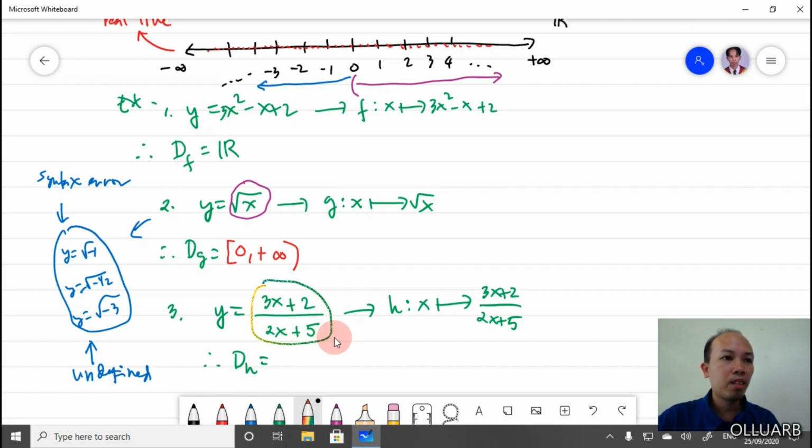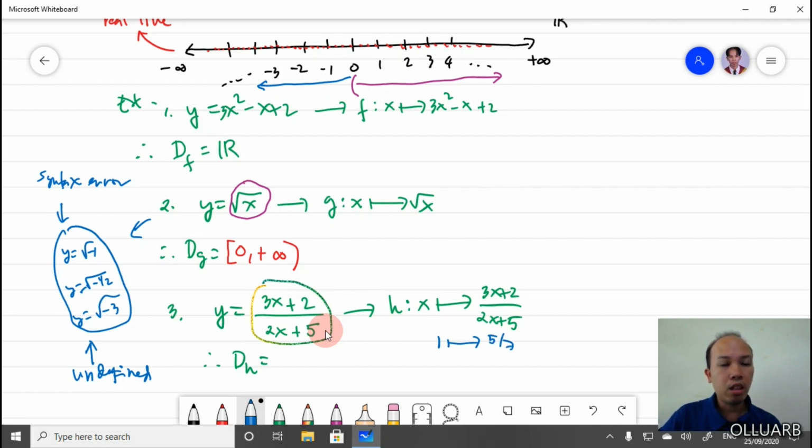So notice in the real line, let's pick a number on the right hand side of 0, let's put 1. 3 times 1 plus 2 is 5. 2 times 1 plus 5 is 7. So we have 5 over 7. So from here, you can see that 1 is mapped to 5 over 7.